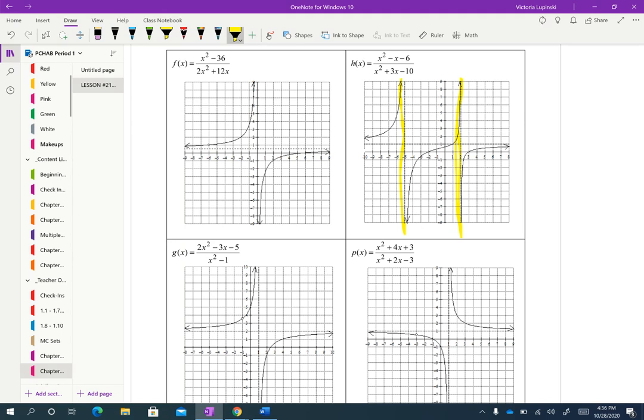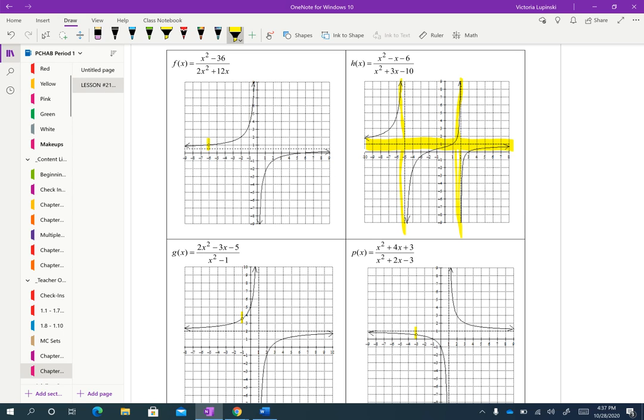Something else to notice is that h of x does not have any point discontinuities where the other graphs do. There's a point discontinuity in each of these 3, but there isn't one in h of x. Notice that when it comes to horizontal asymptotes, which are the ones that go left to right, this graph here crosses that horizontal asymptote where it does not cross in the other ones.